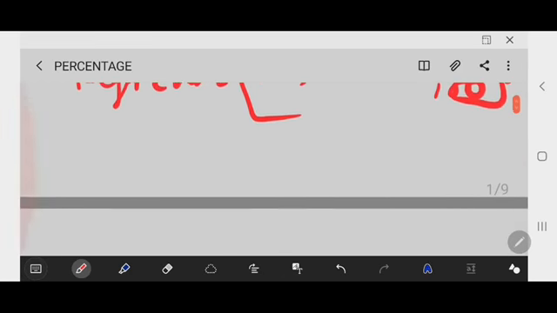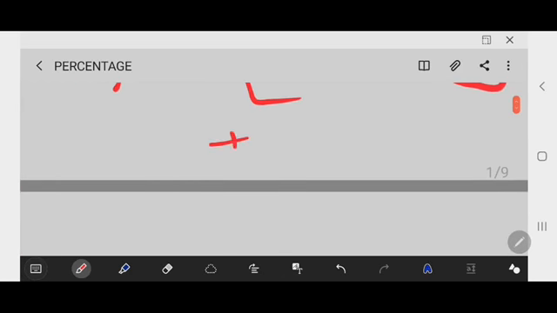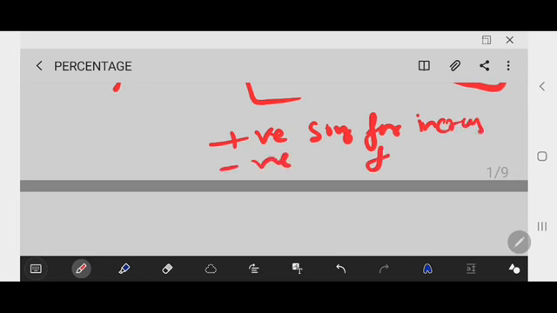The positive sign is for increase and negative for decrease.